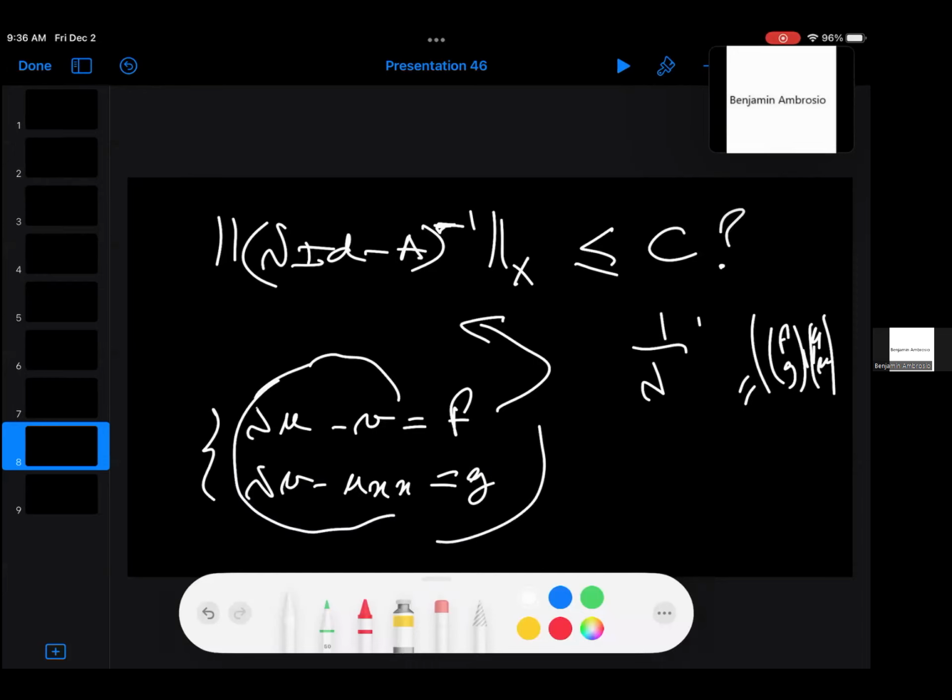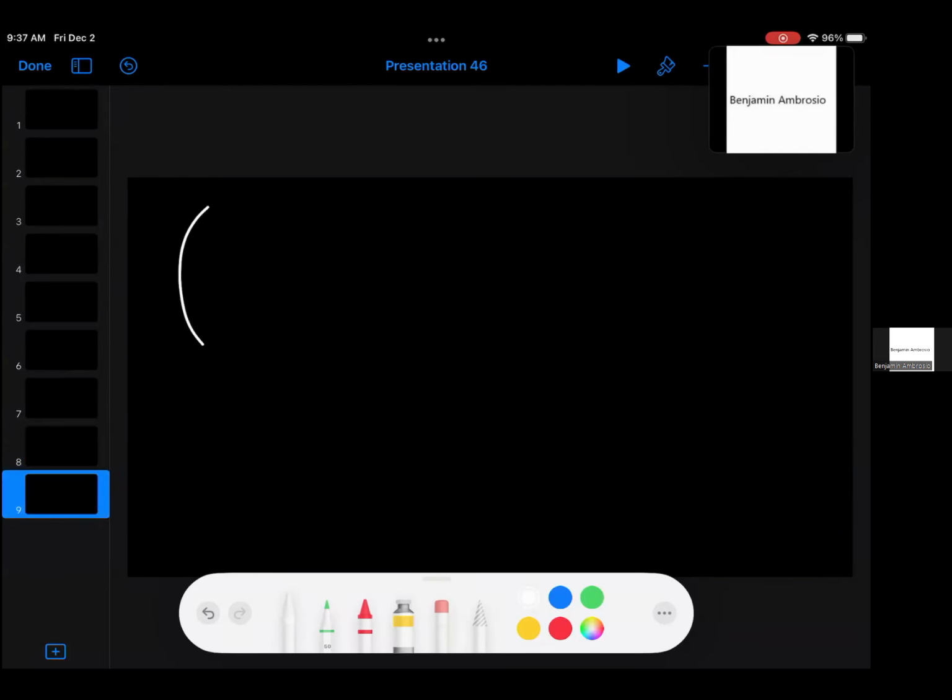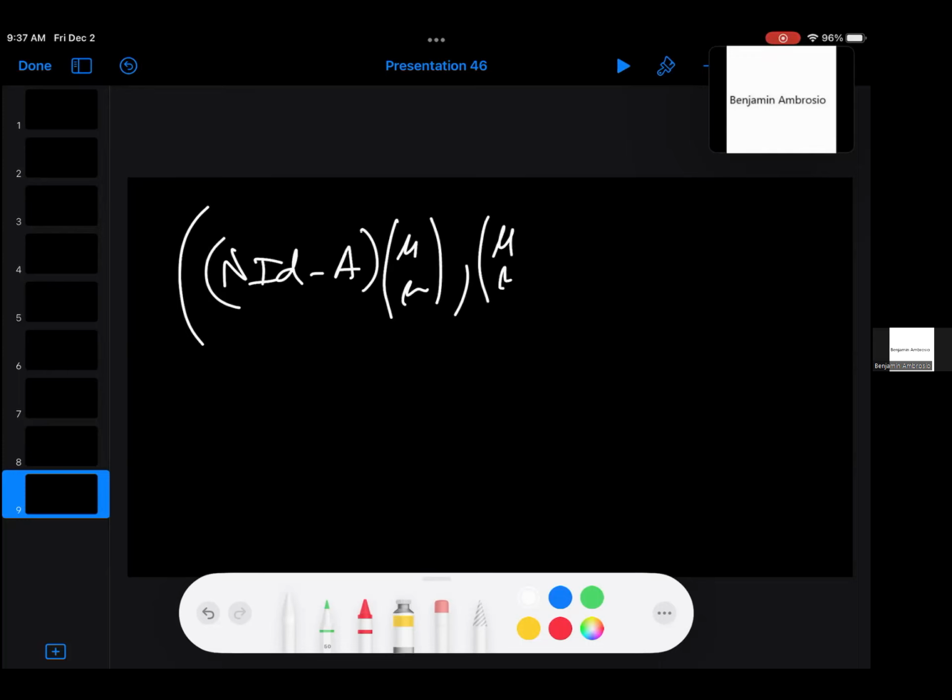So here, of course, this equation is lambda identity minus A, applied to (u, v), equals (f, g). And so I will take the scalar product on both sides here. So what I'm going to do is look at this quantity, and this is equal to (f, g).